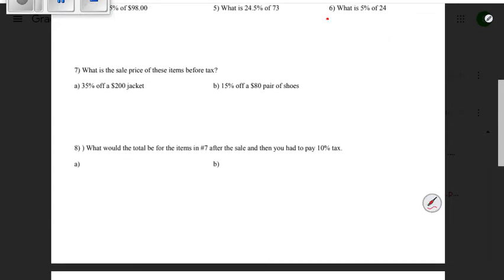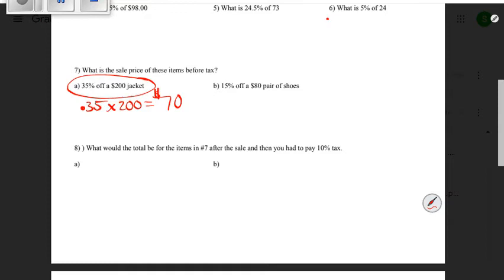Sometimes we go to the store and they say, hey, there's a sale on, 35% off. What we have to do is figure out, well, what is 35% of 200? So you change your percent to a decimal, and you multiply by the whole. So 0.35 times 200, and it's 70. $70 is 35%.